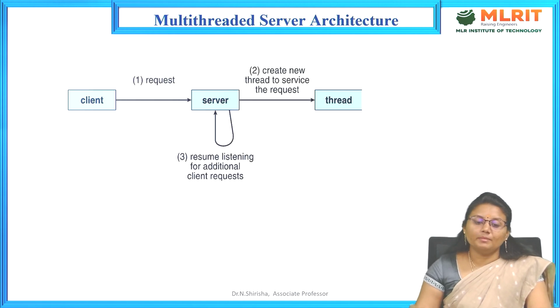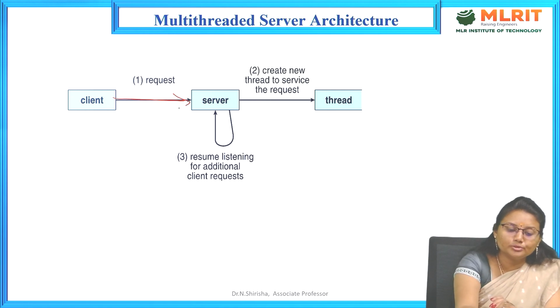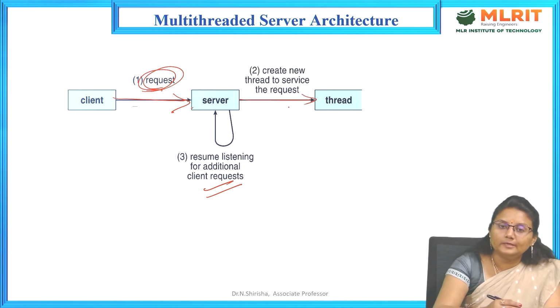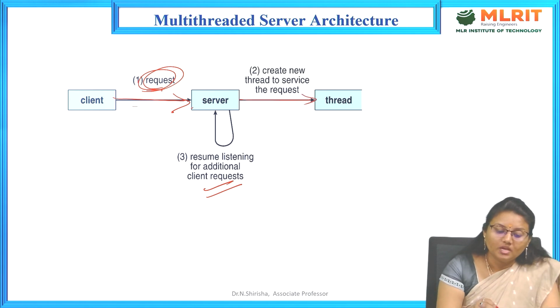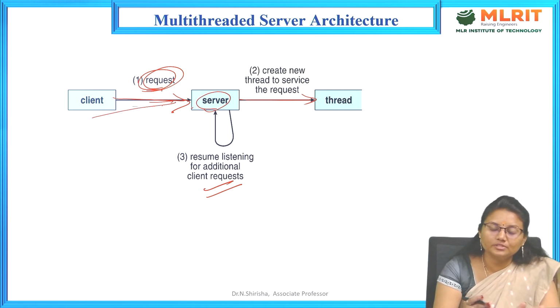Here we have a multi-threaded server architecture, where a client sends a request to the server. Whenever a request is sent to the server, it resumes listening for additional client requests. When one request is over, it is served by a thread, which completes its job. Once completed, the server is idle and listens for further requests from the client.